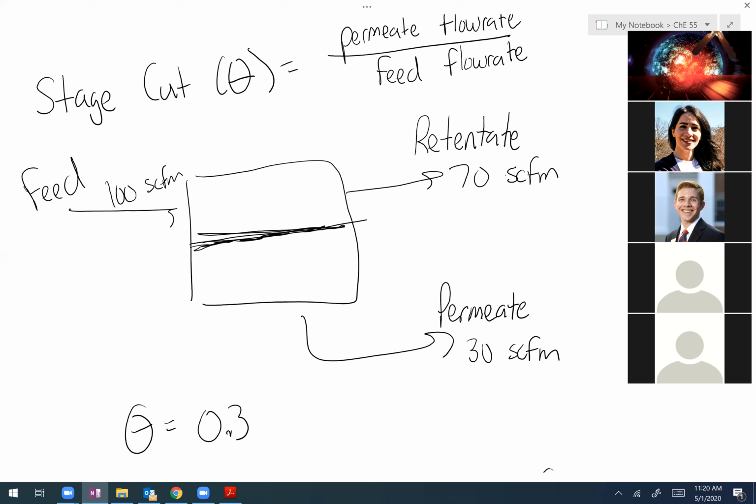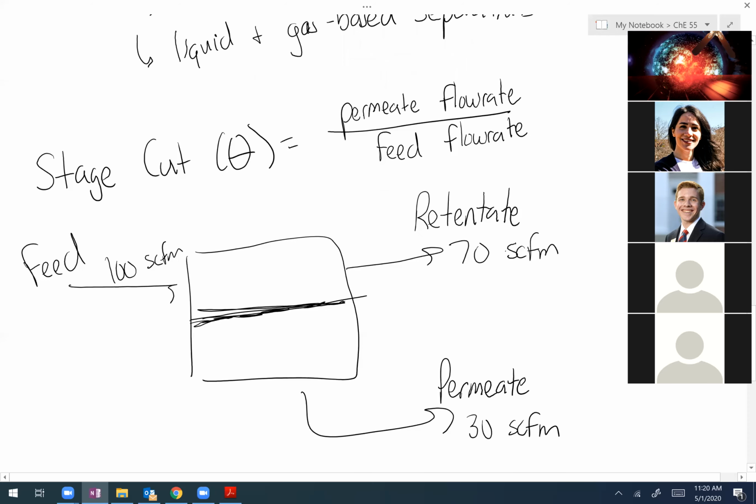Your mass balance is going to look different if you have a single stage versus a two stage, three stage. Are you going to have recycle? What is the recycle going to look like? And so all that's going to influence your quote unquote stage cut. Right. If we're just assuming a one stage, then your stage cut is as you've shown here, right?